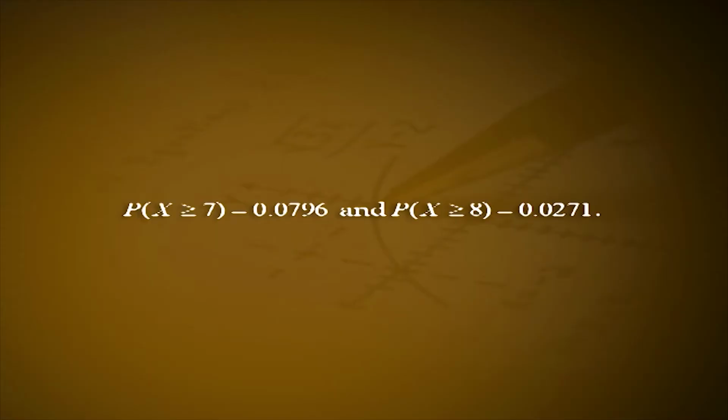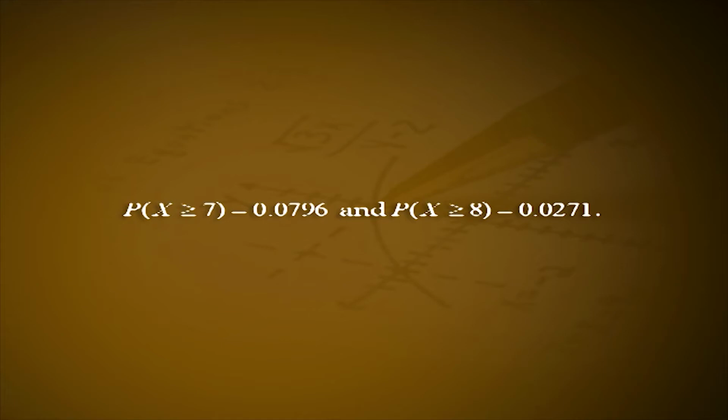To find the passing score such that the probability of passing a student who guesses on every question is less than 0.05, that is to find the minimum value of x such that P of X greater than or equal to x is less than 0.05. Here P of X greater than or equal to 7 equal to 0.0796.